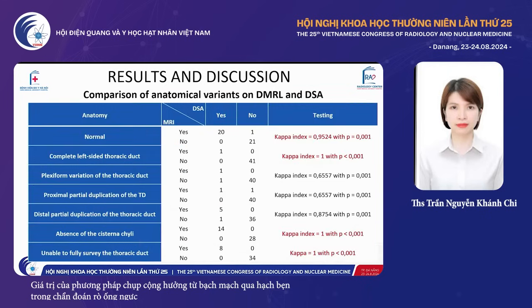Regarding the anatomical correlation between MRI and DSA, both methods show a very good correlation about normal anatomy, complete left side thoracic duct, and absence of the cisterna chyli. For other variants, both methods also show a good correlation.